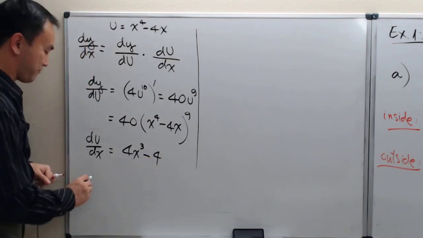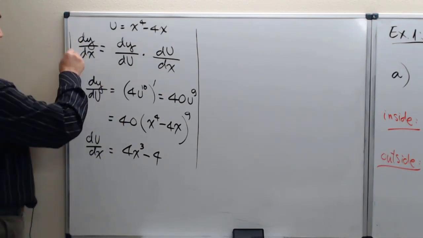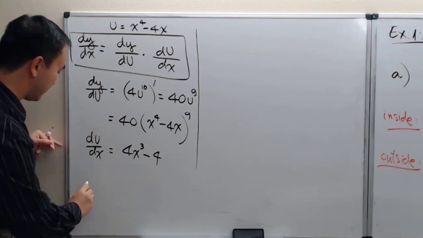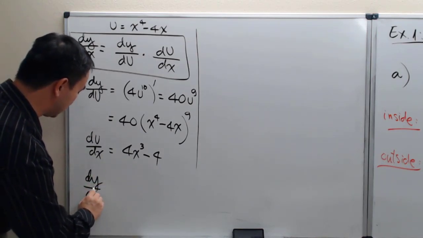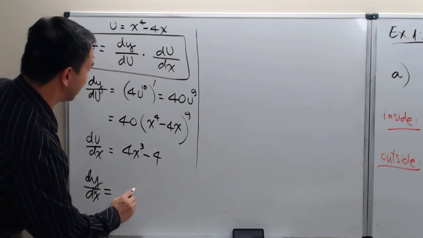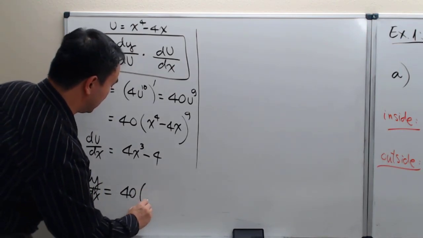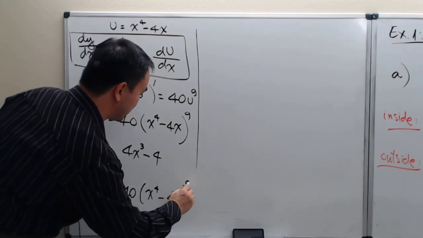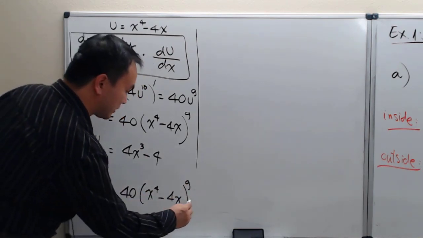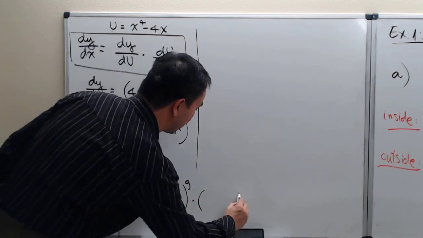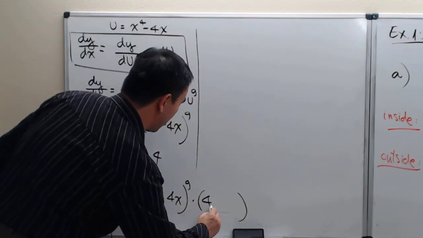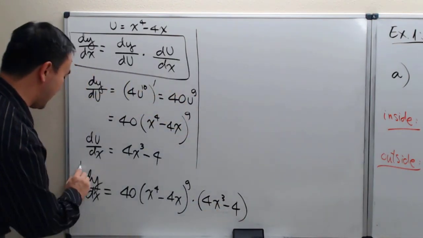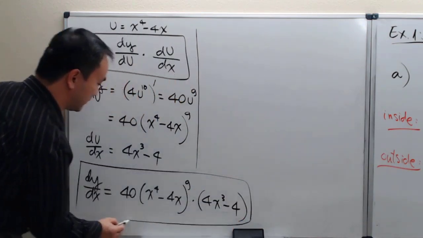And so now our final derivative, as indicated in the formula right here, final dy dx is simply going to be 40 times x to the 4th minus 4x, in parentheses to the 9th. So that's the derivative of the outside, but now we need to multiply with the derivative of the inside, which is 4x cubed minus 4. But that is how we found our derivative of the function.